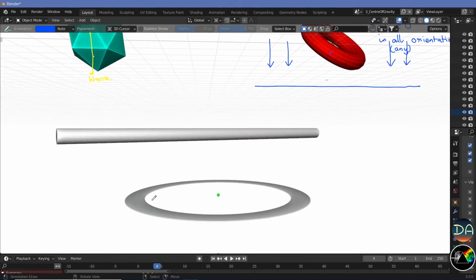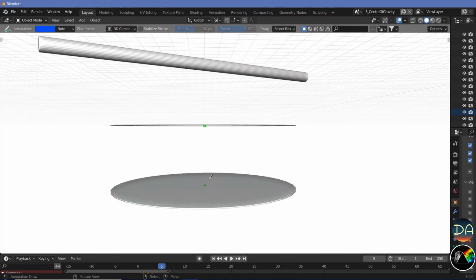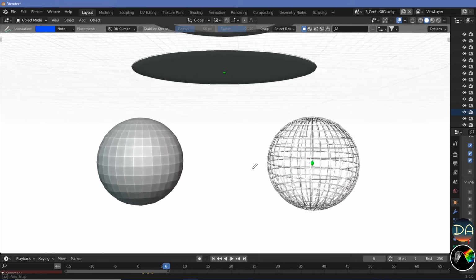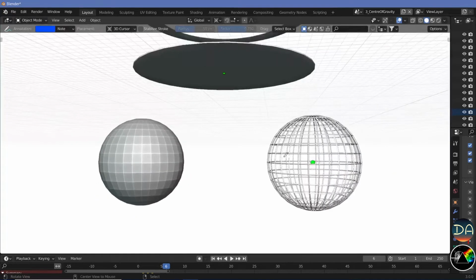So it's easy to note that in the case of any completely symmetrical object, the center of gravity would lie perfectly in the center of the geometry. So with that, we can say that the center of gravity for a disk also lies right at the center of the disk. Similarly, when we have a sphere, the sphere could be a solid sphere or it could be a hollow sphere. Over here, we've represented a hollow sphere with a wireframe of the sphere, but imagine this is a continuous surface with nothing inside.